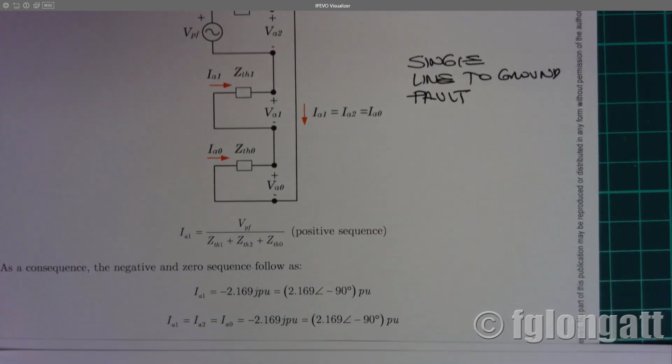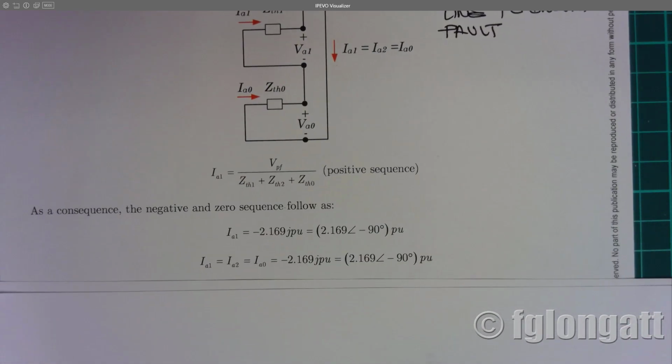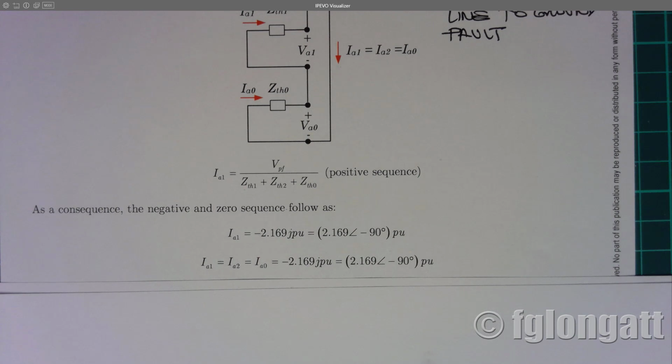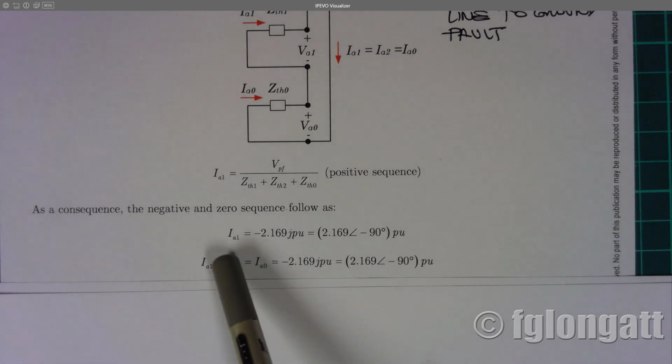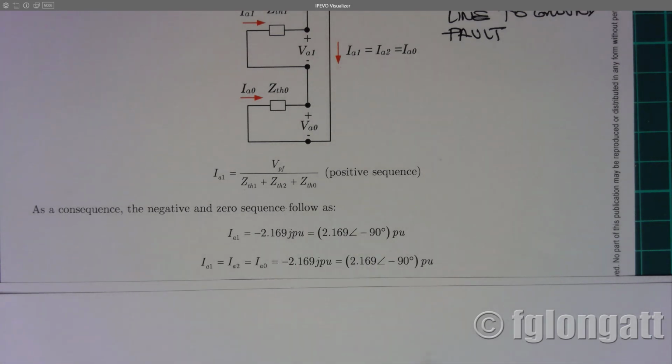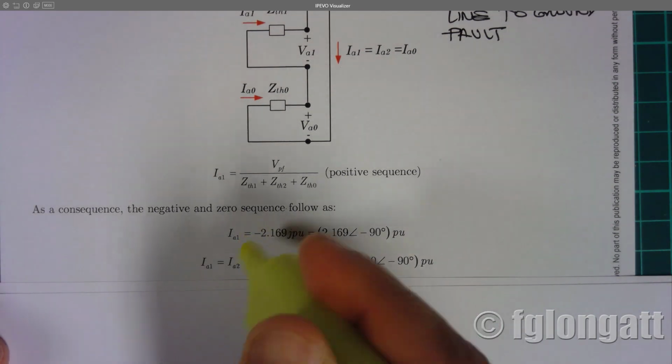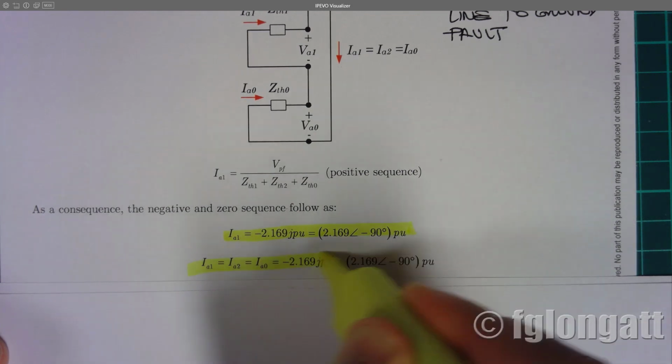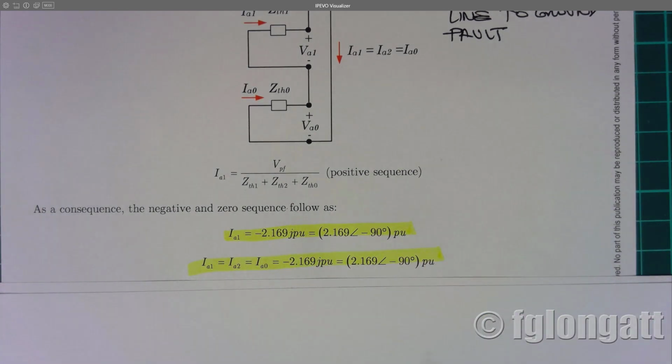Using the numbers, voila, we obtain the positive, negative, and zero sequence currents. As you can see, the positive sequence current is 2.169. To be honest, we have finished question B because we already calculated the sequence currents during the short circuit condition.